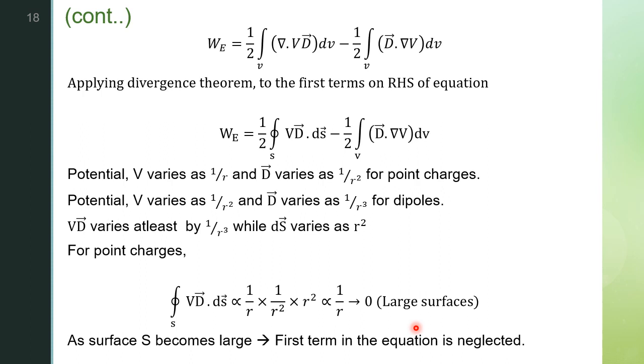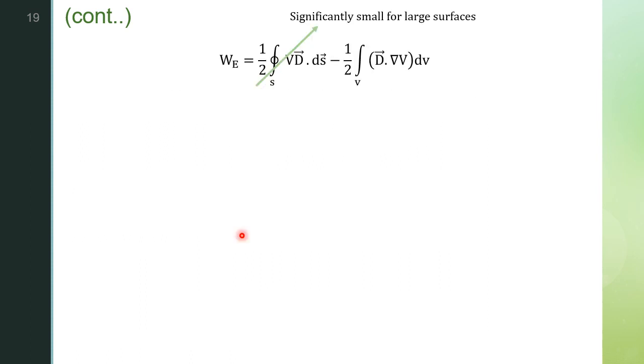So the first term in the equation can be neglected if the distance is large. Therefore, the first term is neglected since it is very small for a large surface. Thus, we will get W_E as minus half integral over volume D dot del V dV.